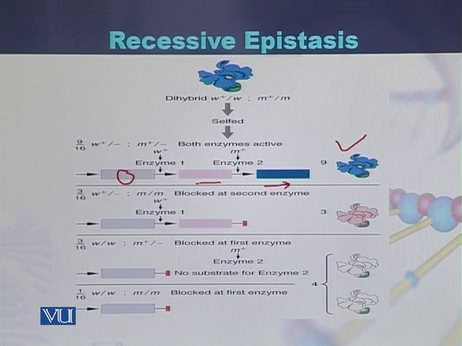While if enzyme 2 is not active or does not have an effect on the precursor, then the color of the flowers will be pink. While if both enzymes, enzyme 1 and enzyme 2, do not work, then the color of the flower will be white.